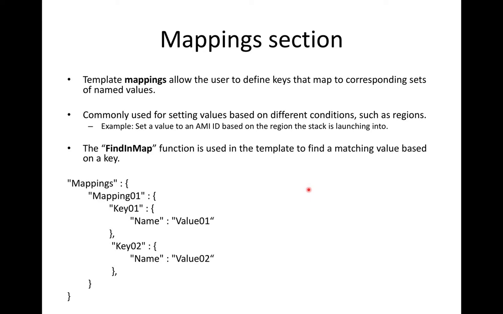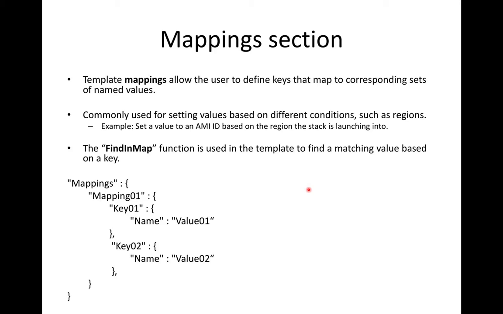The CloudFormation template includes a section called Mappings, and within the Mappings section, you can define keys that map to different sets of named values. This is really useful if you want to set up a template that will work across multiple regions.